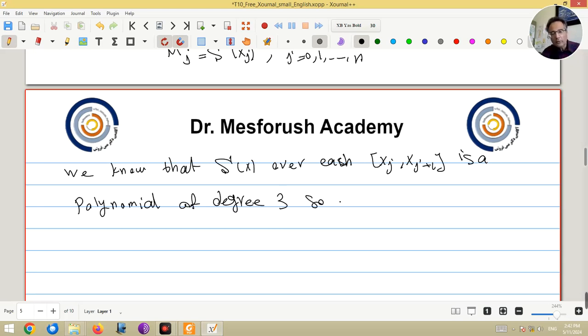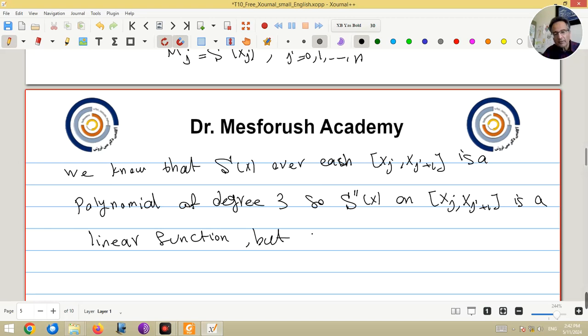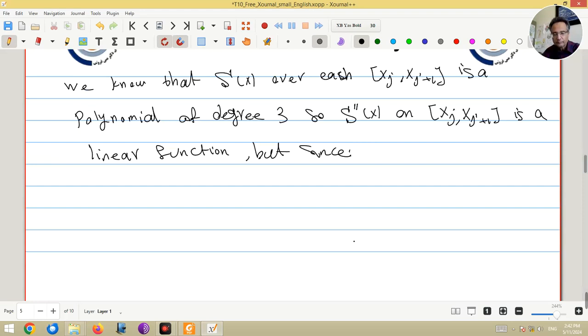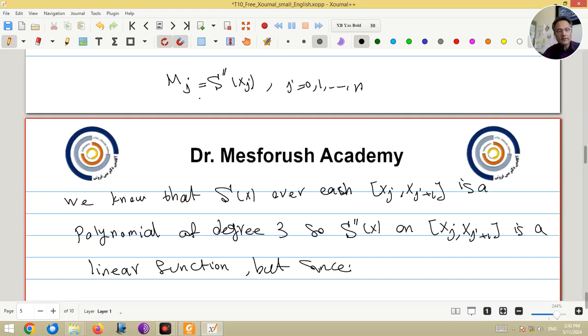Okay, so s double prime of x on xj and xj plus 1 is a linear function. But look here, we assumed that mj equals s double prime xj.